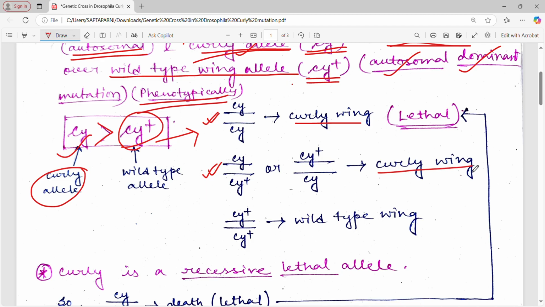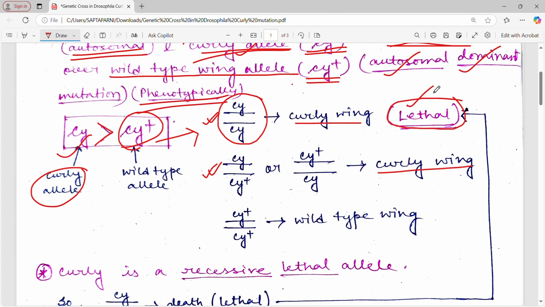But here you can see we have written another term, lethal. That means though this genotype must show Curly wing, the progeny is dying here. Now why is it dying? We will learn about that later.